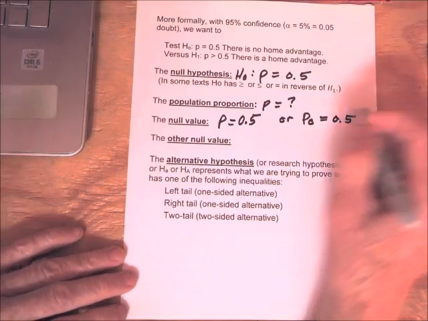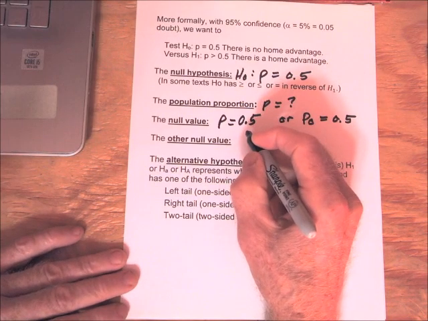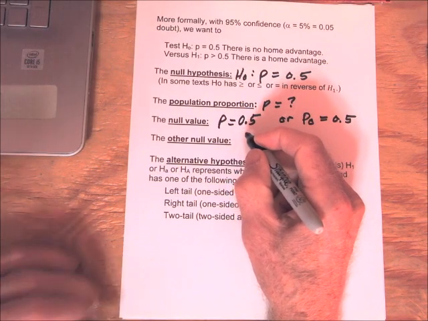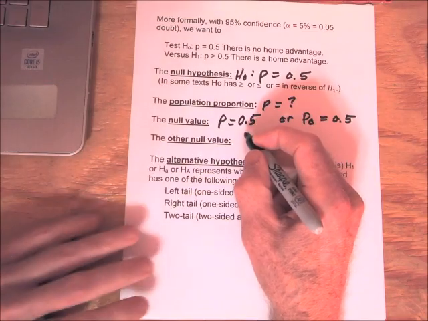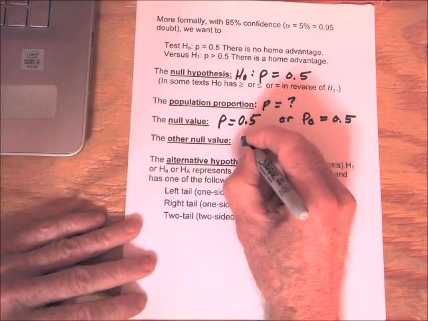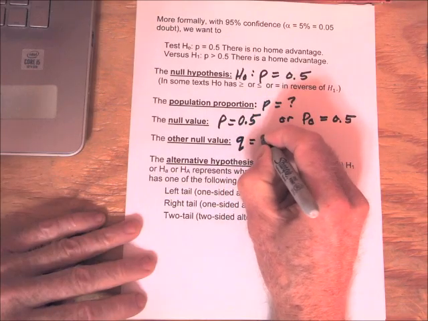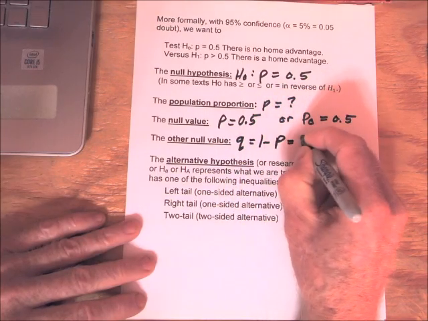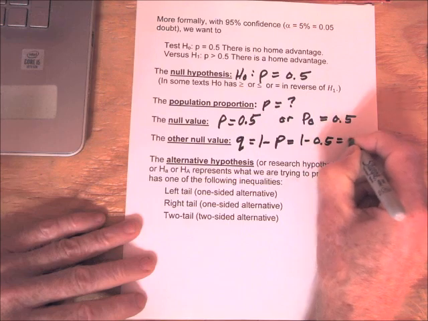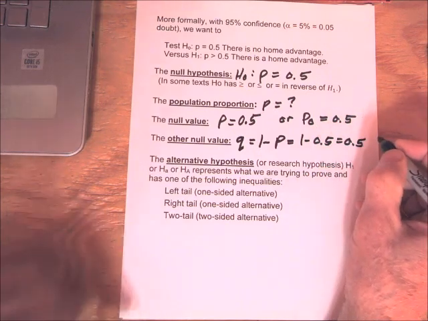The other null value is the proportion of games that are lost by the home team. That's represented by q or q0, and it's 1 minus p, 1 minus 0.5, which in this case is 0.5.